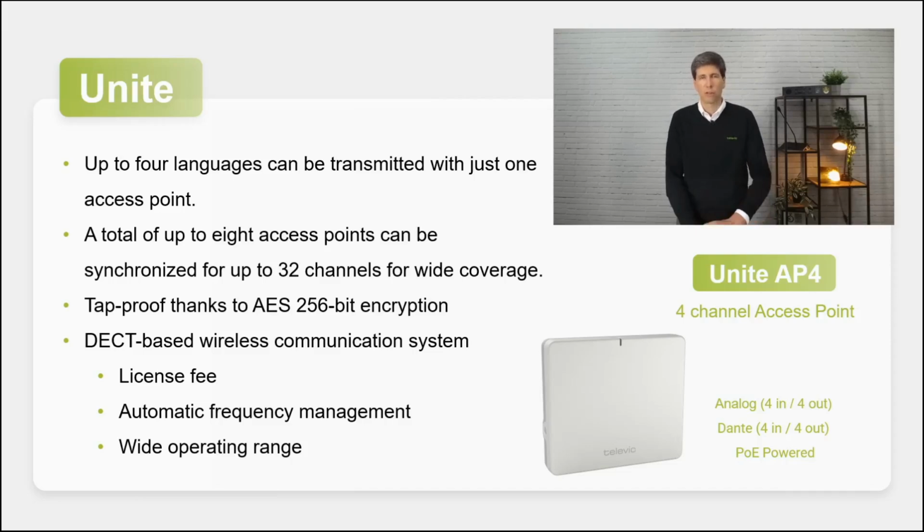You can even have your own encryption key. And it's based on DECT technology, so it's DECT wireless communication, which has the advantage that it's license-free. It does automatic frequency management, and it has a very wide range, so it can go even up to 300 meters.